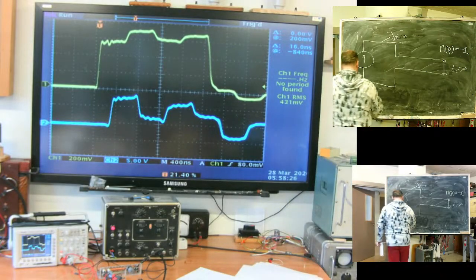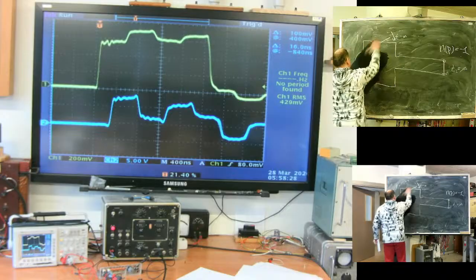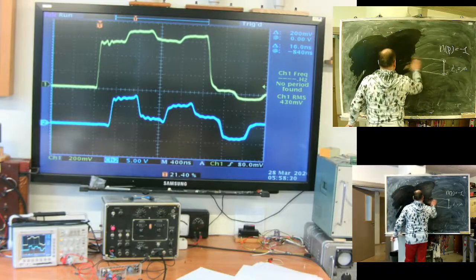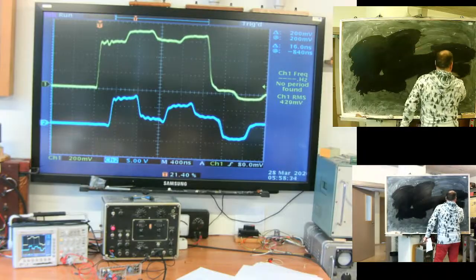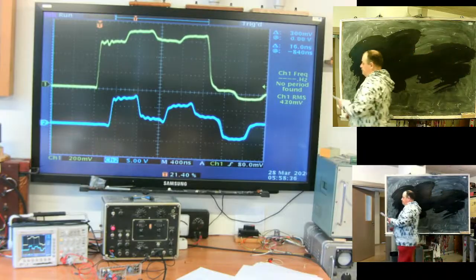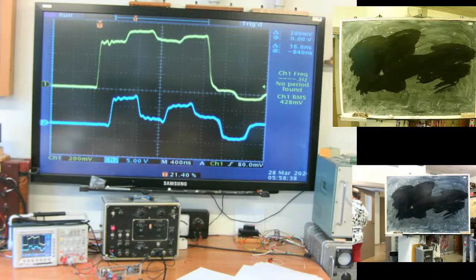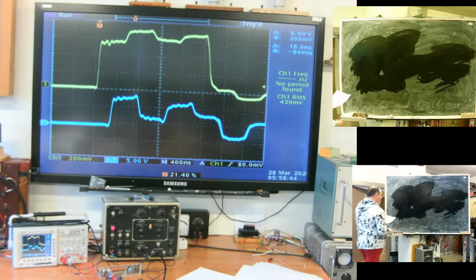I like to tackle the short circuit. For this case, it's better to write currents.